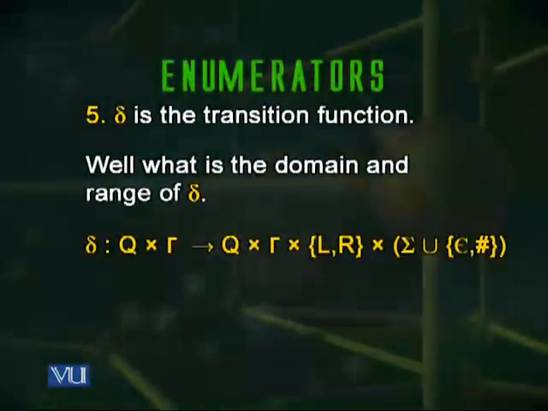So delta, the transition function for an enumerator, is a function from Q × Γ to Q × Γ × {L, R} × (Σ ∪ {ε, #}). So this is the complete specification of what an enumerator is.